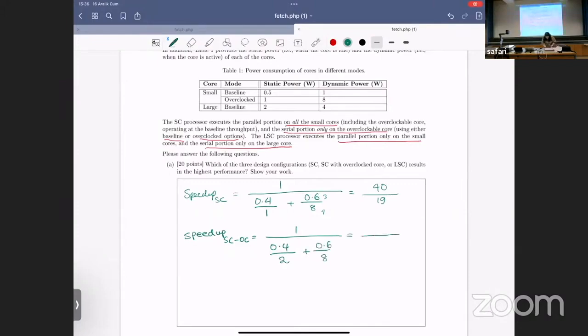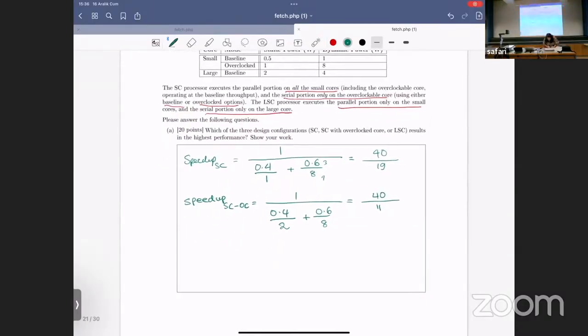Okay, we want to do simplification here.